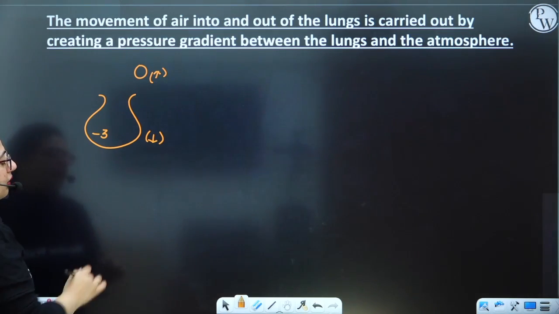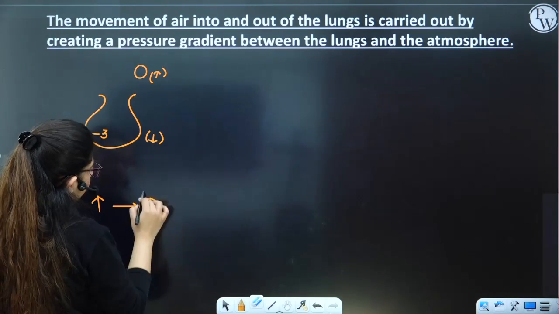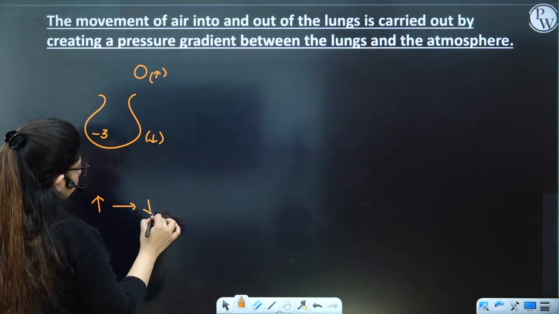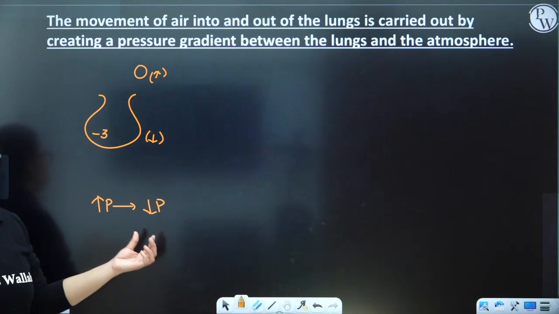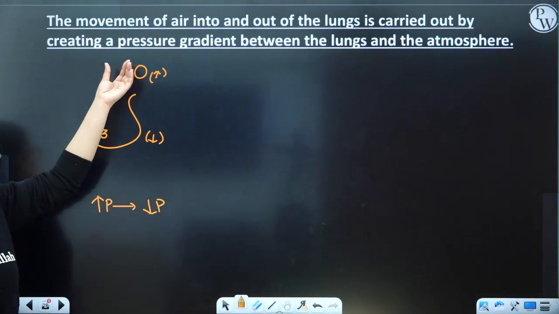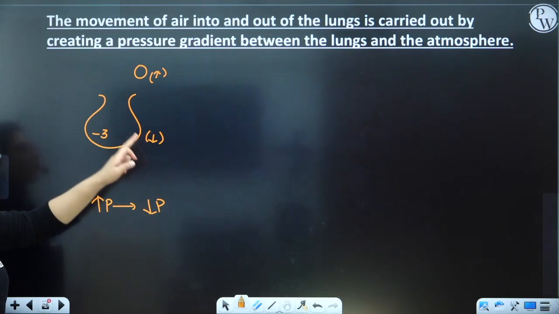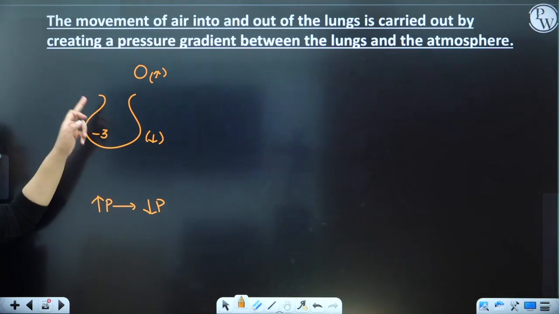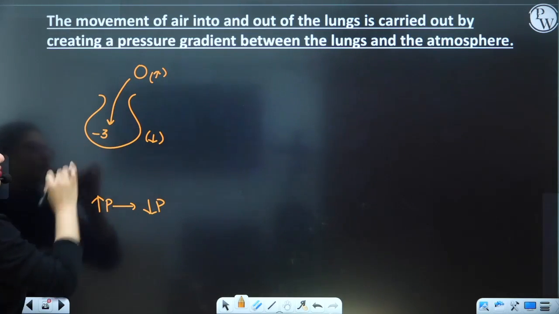So as a rule, the air moves from high pressure to low pressure. Now what will take place? Inhalation or exhalation? If the atmospheric pressure of oxygen is 0 and in the alveoli it's -3, that means one is more, one is less. So the air moves from high pressure to low pressure, that means inhalation will take place. Fine.